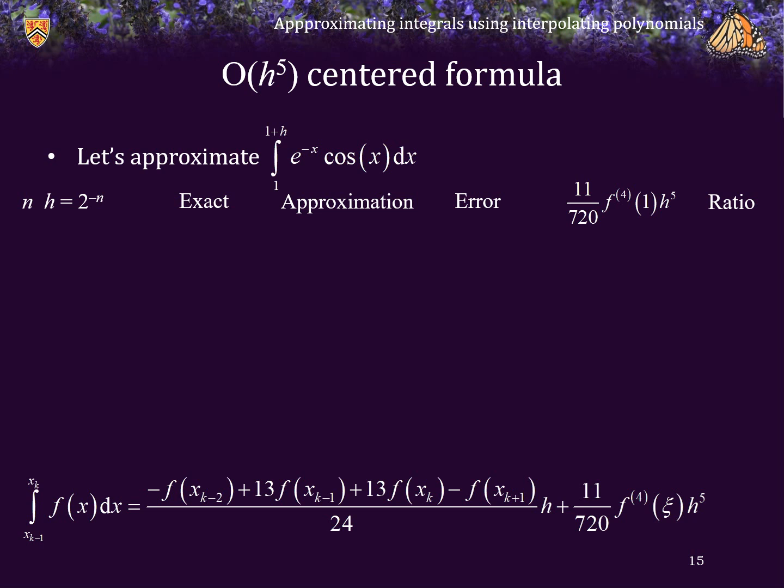We have the exact value of the integral, which will change for each h, our approximation, the error of that approximation, our estimate of the error, and we will calculate the ratio between the current error over the previous error to see how much the error has dropped. So here's our first approximation, and already it's doing okay. We've already got at least 2 significant digits of precision in our answer.